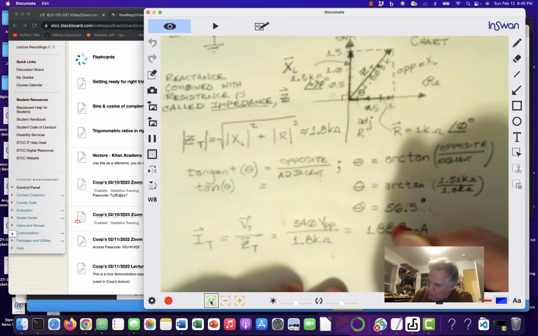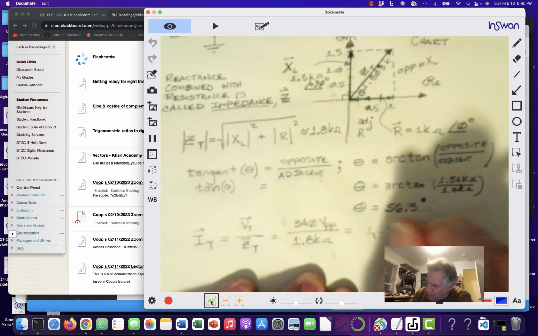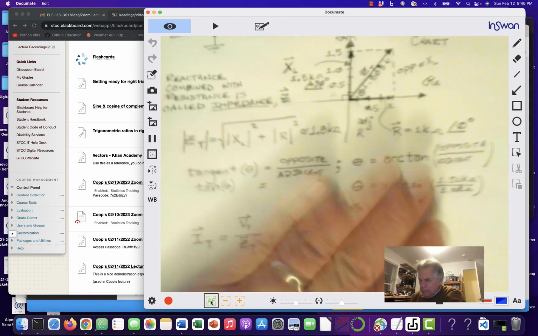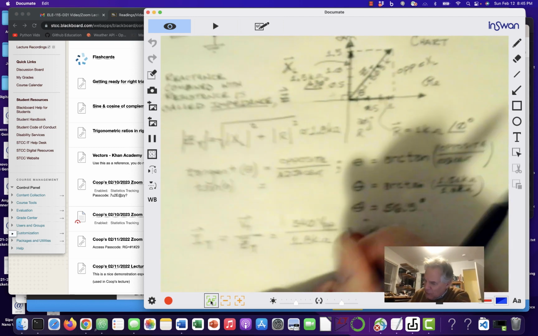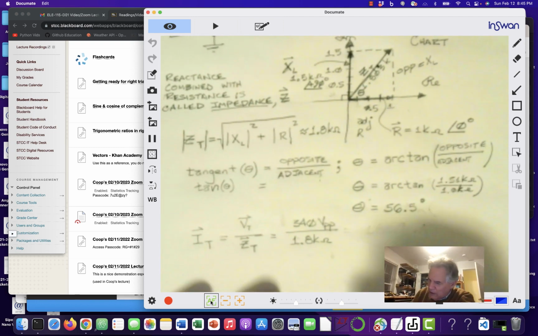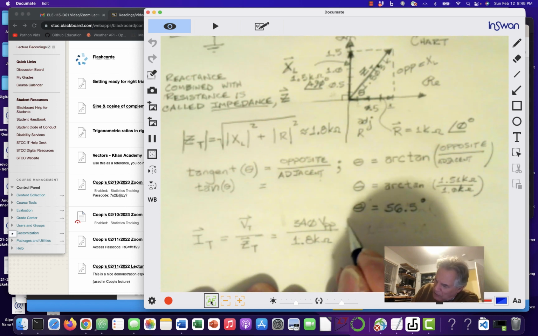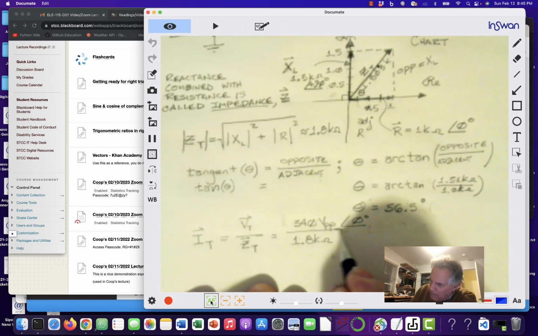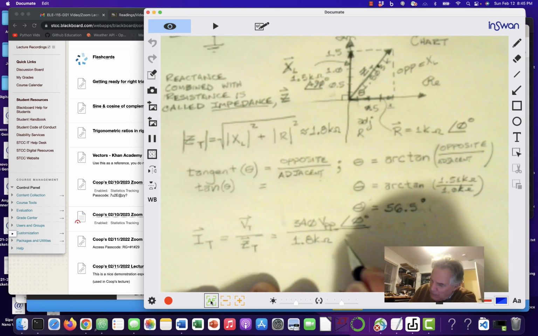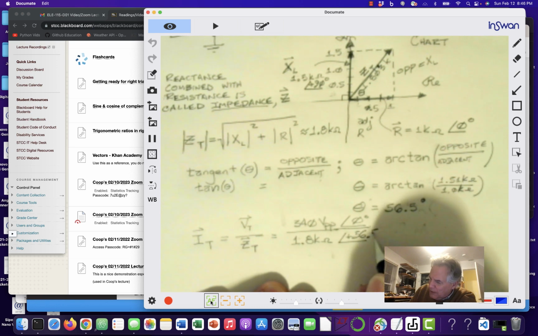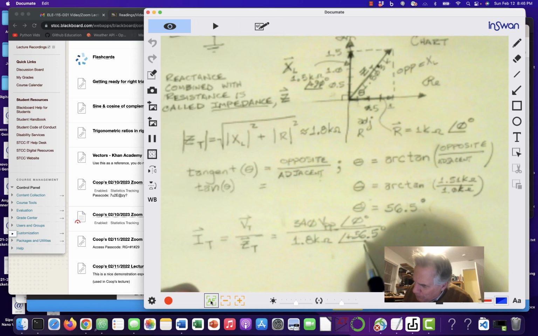So what I should do here is take into account the magnitude and direction. So this guy up here, usually the voltage we apply is always at 0 degrees. Okay? And this guy here is at plus 56.5 degrees. All right?